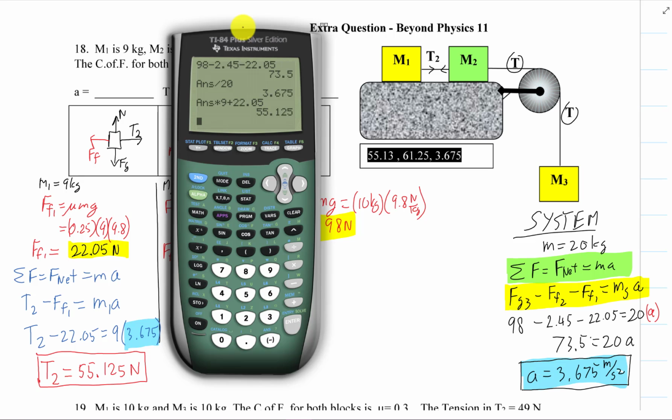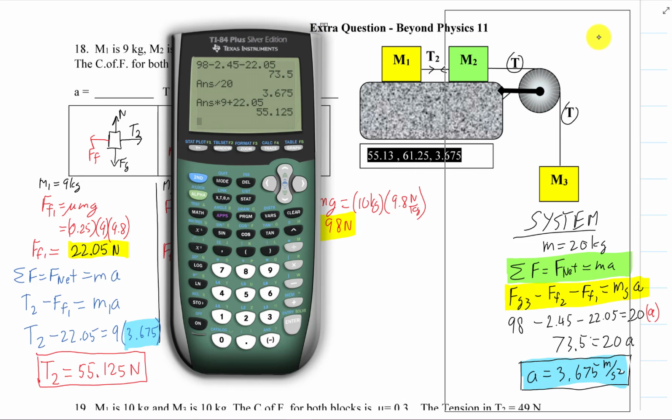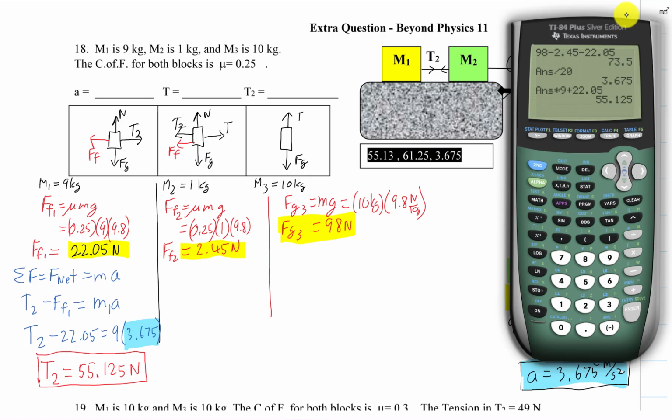Okay. Now, we could do either one of them, and then the other one will be the check. Because here we could solve for tension, and here we can solve for tension. That's the only unknown we don't have. So I'll do the middle one. Okay, why not?